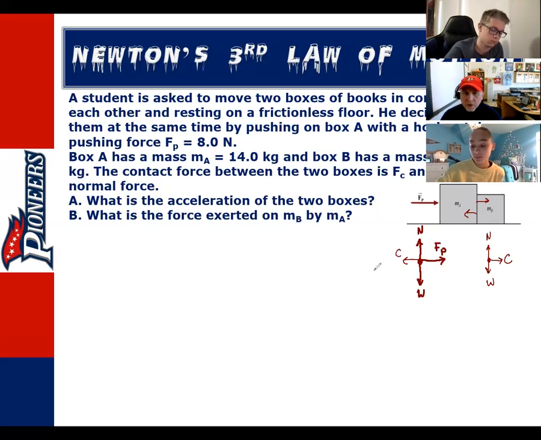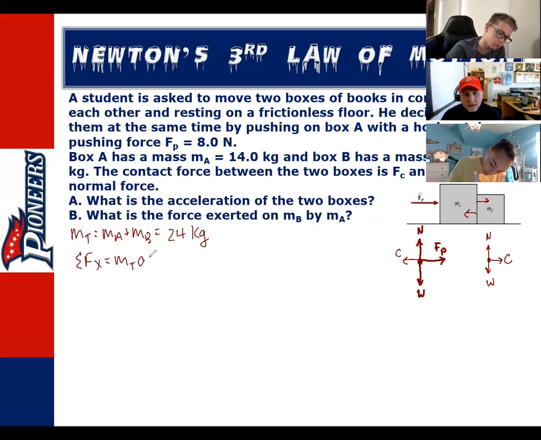So do this first. Second step, find the total mass, right? A plus B, MT, total mass, 24 kilograms. Now I do the sum of the forces in the x direction equal the total mass times the acceleration. I'm doing the system analysis to find the acceleration. Well, it's just this FP, when I look at the system, meaning I'm really looking at one big box and not two smaller boxes.